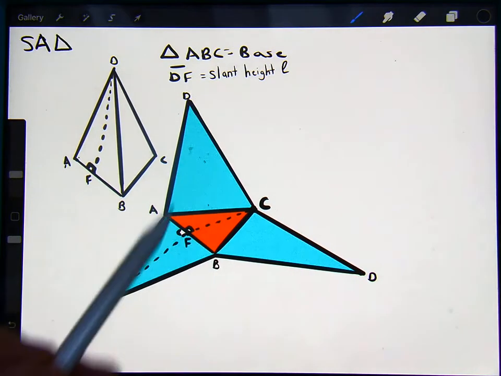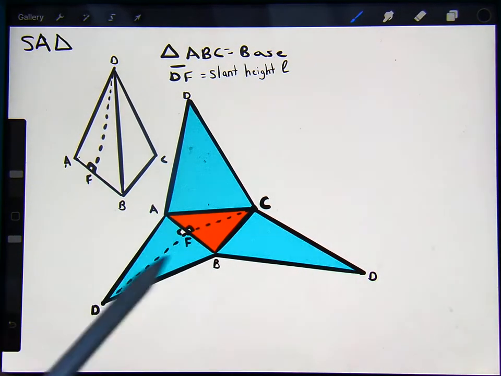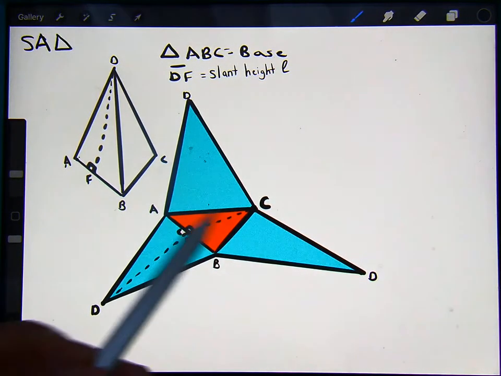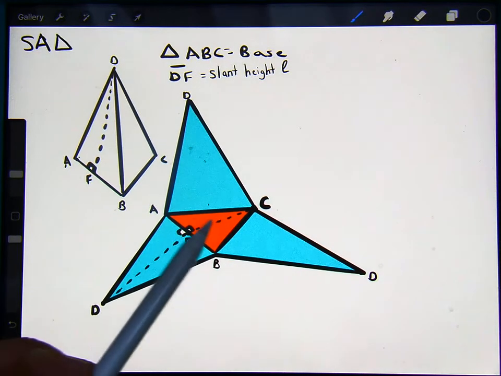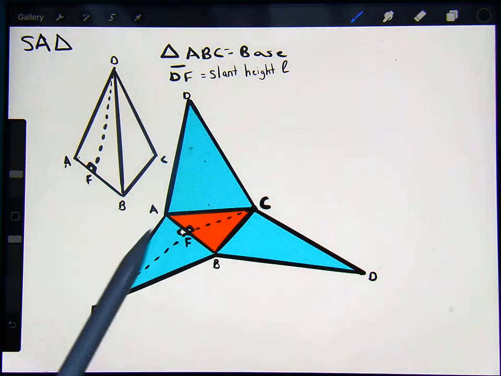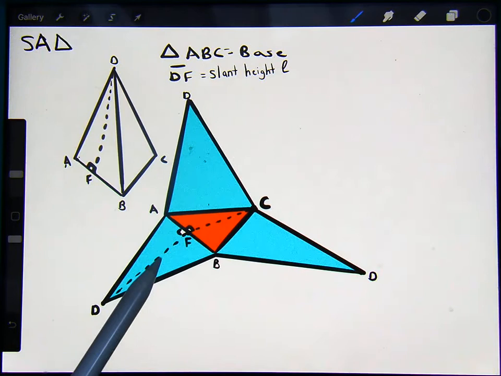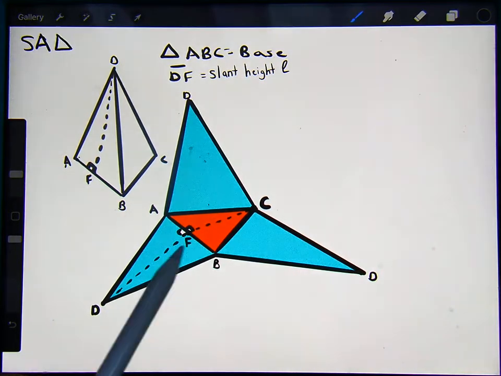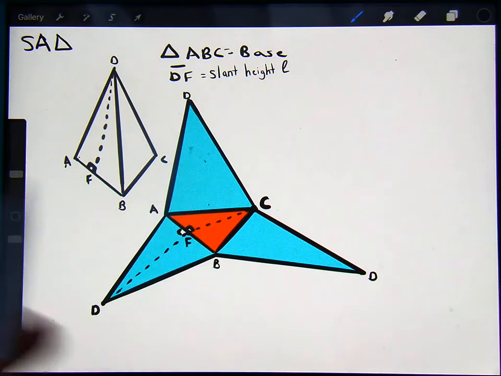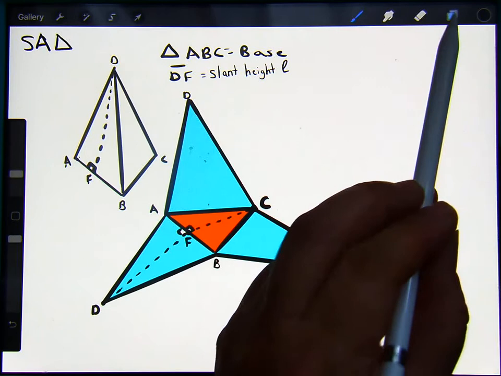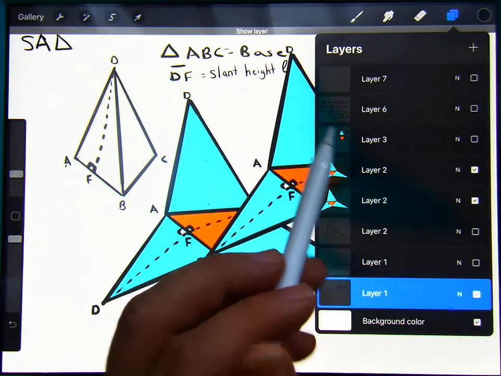So you can see here the differences between those, and these three here, as long as this is an equilateral triangle at the bottom, these three triangles will all be congruent. So technically you only have two triangles to find. You have the area of the base and the area of one of the lateral triangles.